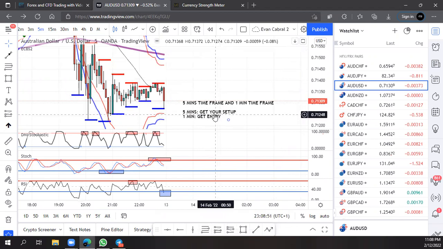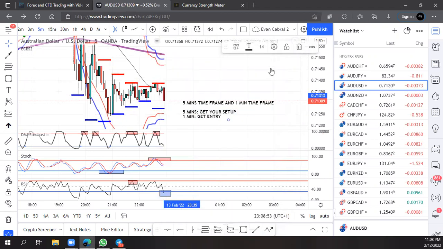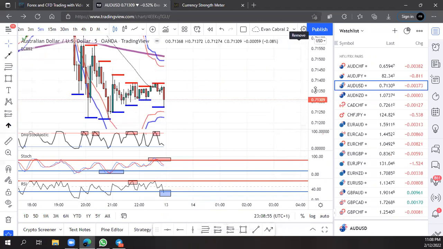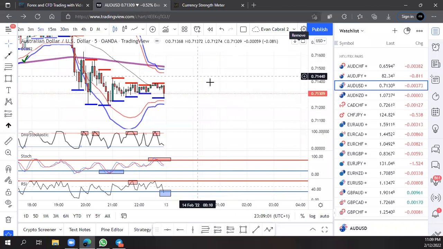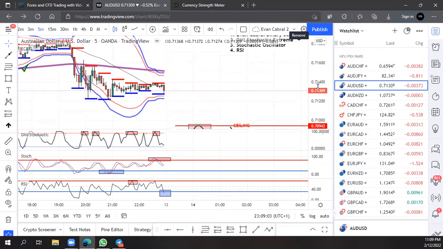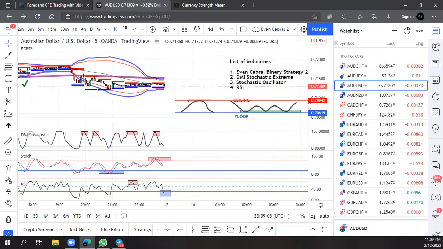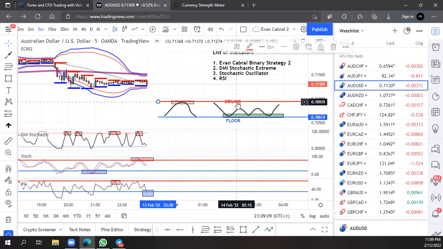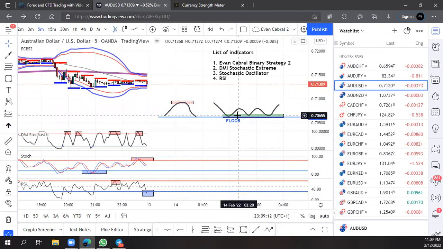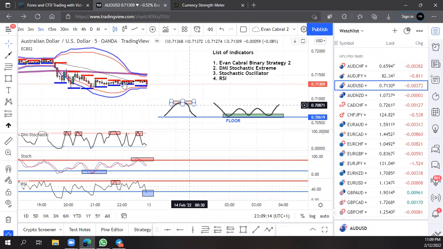So like I said, the 5 minutes time frame is to spot out your trade idea, and the 1 minute is what gives us the entry. Okay, what currency is this? AUD USD, no problem.